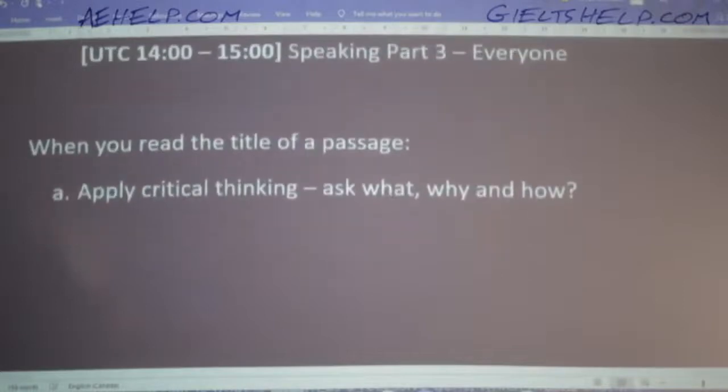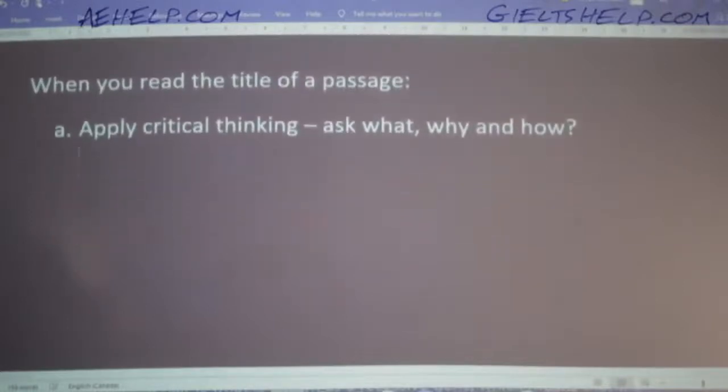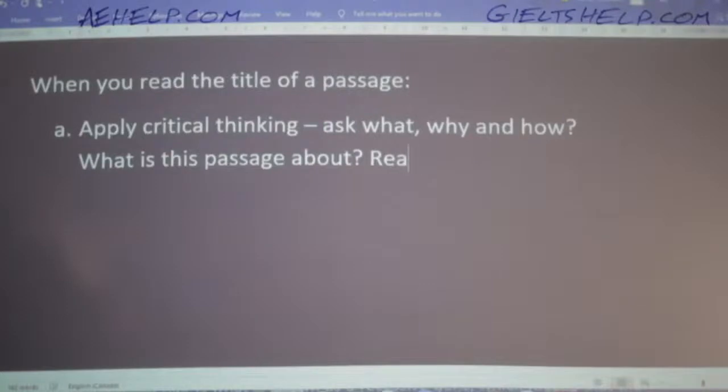Okay. So, what is this passage about? Clearly, it's about reasons that people have red hair.